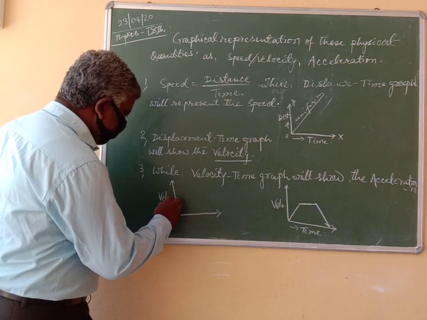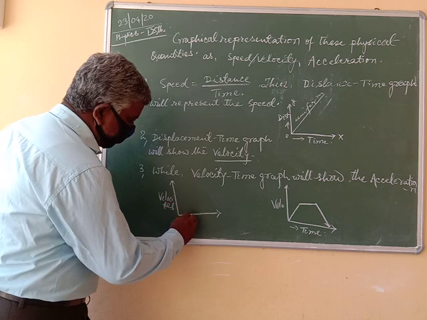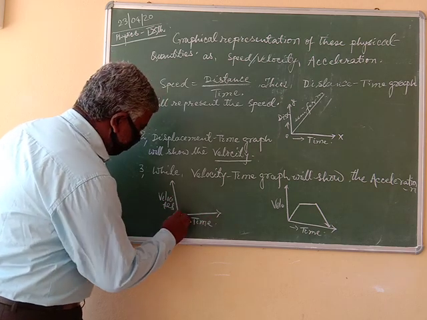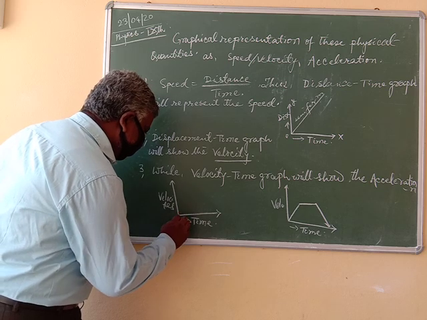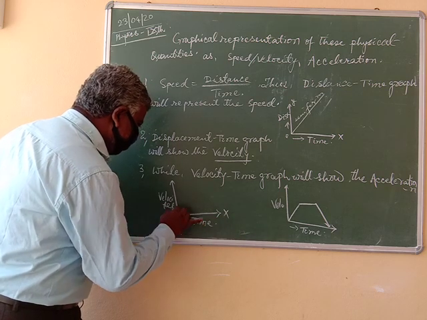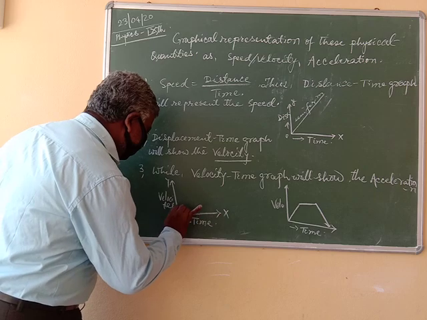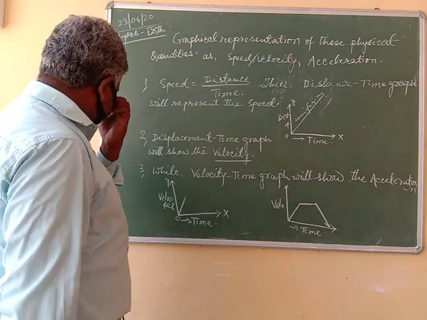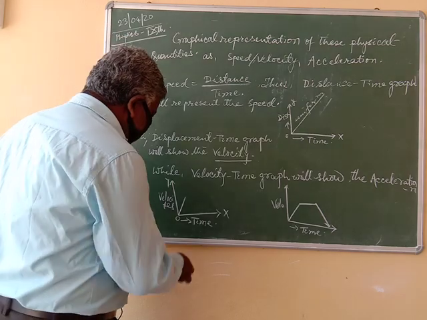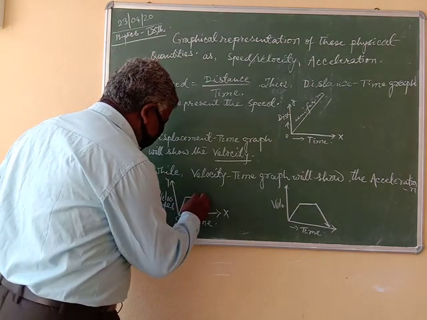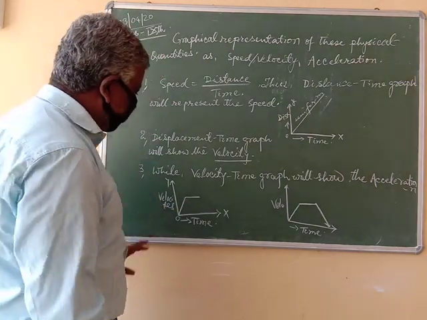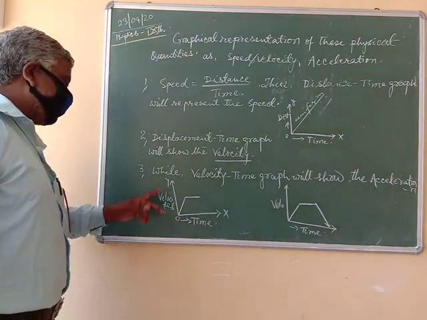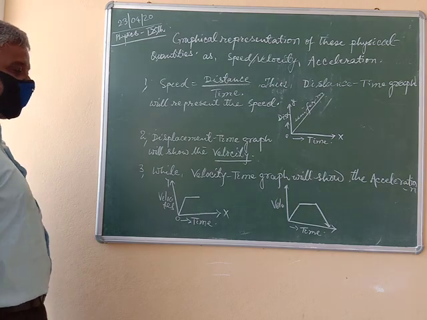Change in velocities. This is the time, and suppose it starts from the origin point, x-axis, y-axis. It accelerates. It means it increases its velocity, and after t seconds it goes as usual. It means constant, then there is no change. Both initial and final velocities are equal.